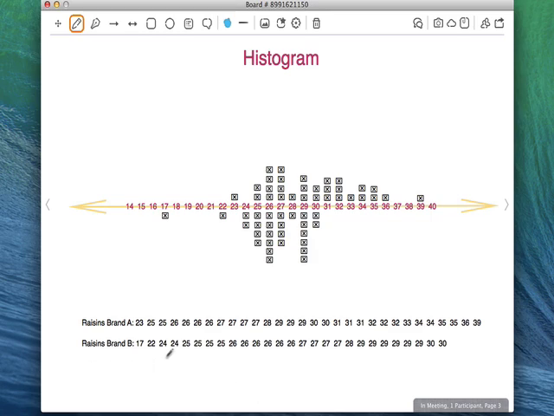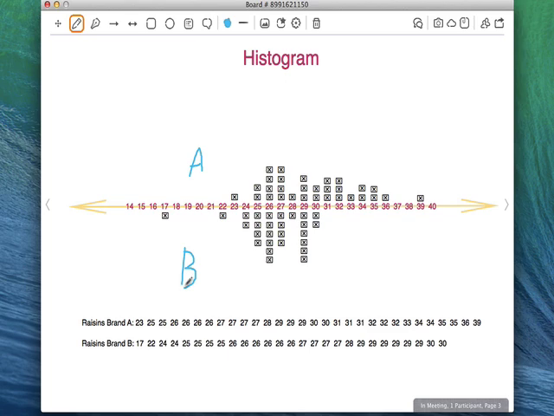For brand B, there were 27 different boxes that were sampled, and they have all their amounts listed. So what I did was make a histogram of brand A above the number line and brand B below the number line.